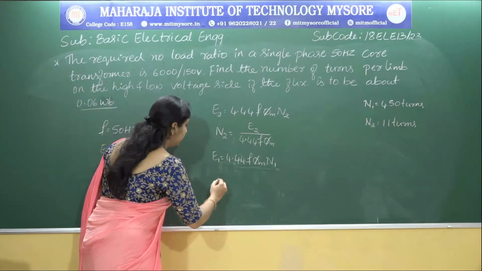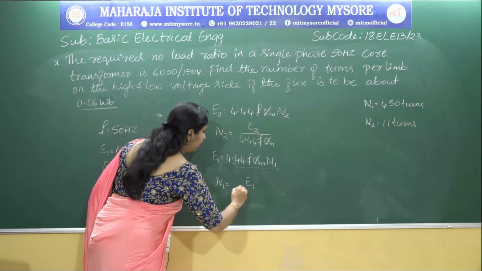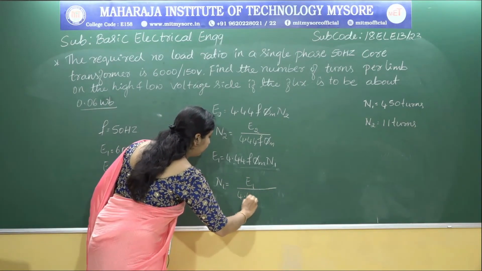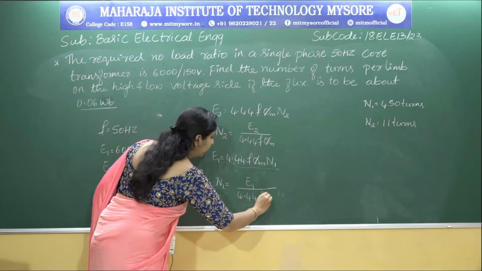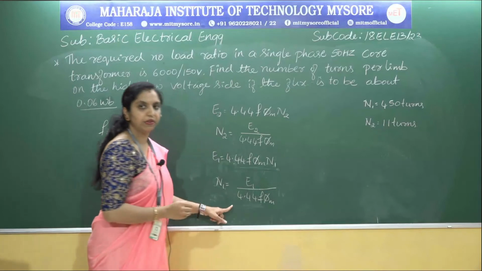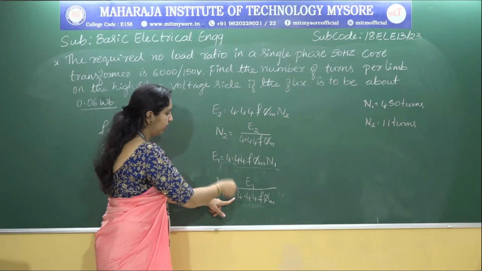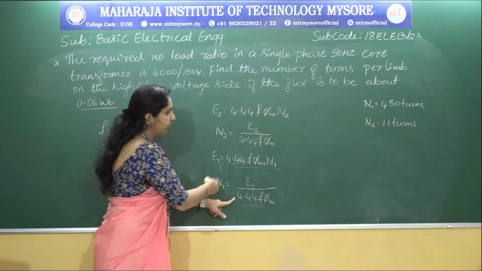Similarly, N1 is equal to E1 divided by 4.44 F into phi m. Substitute all these values in the N2 equation and in the N1 equation.